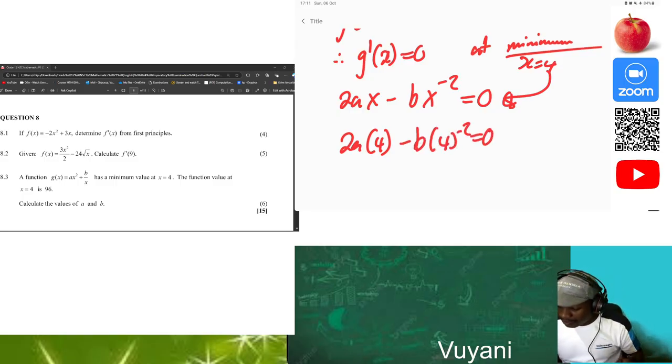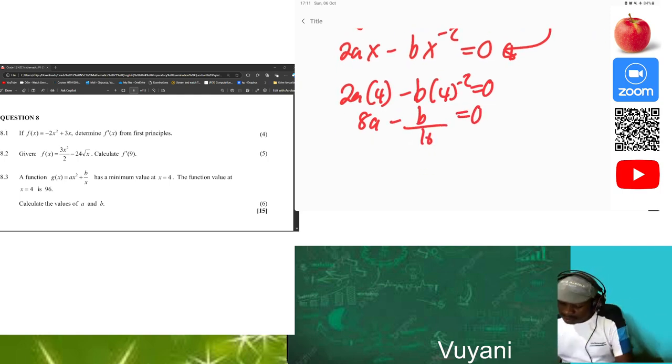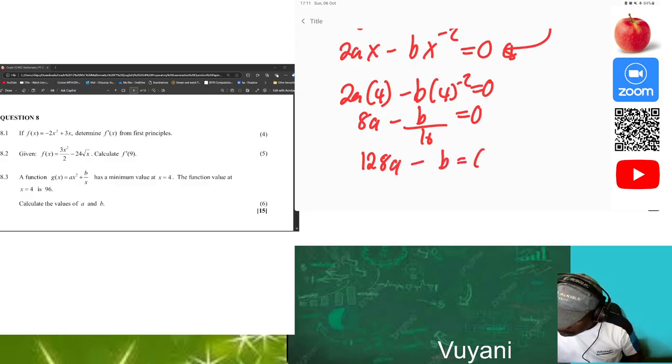Then 4 to the power negative 2 is 1 over 4 squared, that's 1 over 16. So now we end up having 8a minus b over 16 equal to 0. If we multiply all through by 16, 16 times 8 is 128, so 128a minus b is equal to 0. So that can be our equation 1.